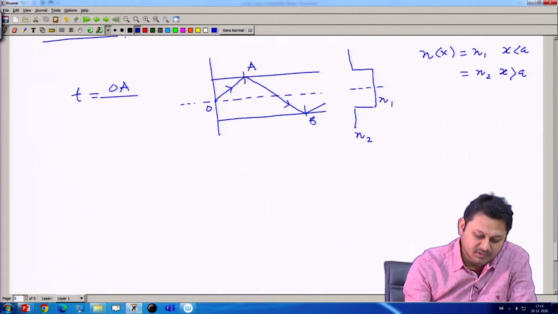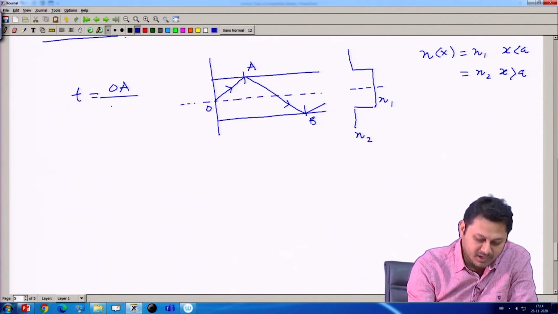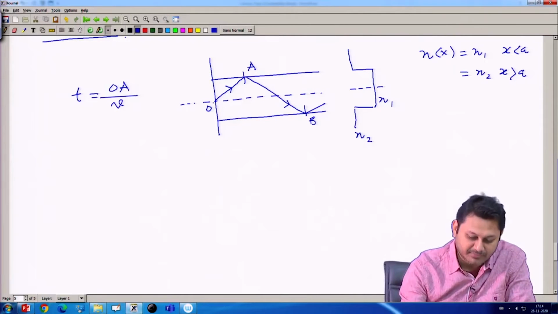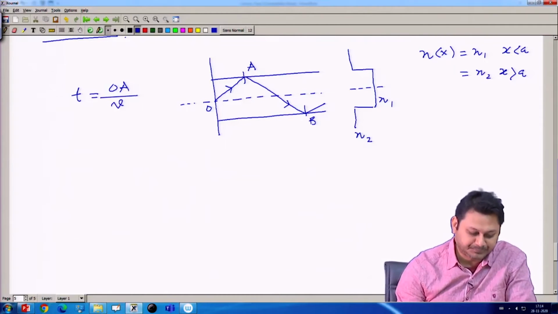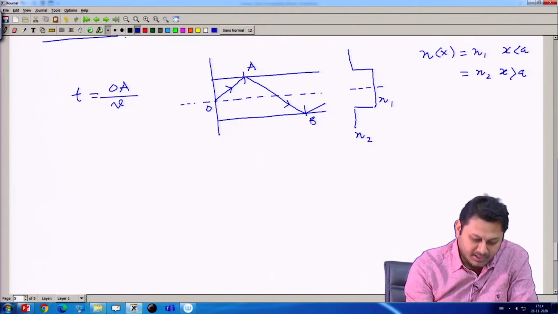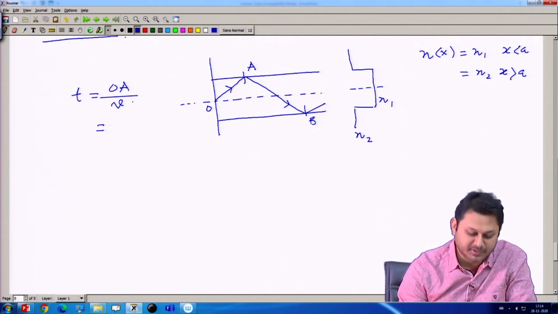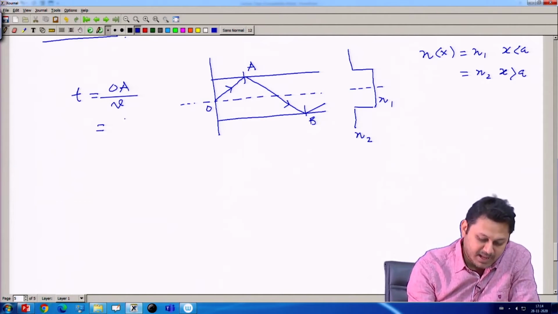Rather, we just use the path and the velocity that the ray will have to travel from the point A to B. And since N1 is constant, this velocity is not a function of x anymore, and that makes my life much simpler. I simply have OA divided by C multiplied by N1.